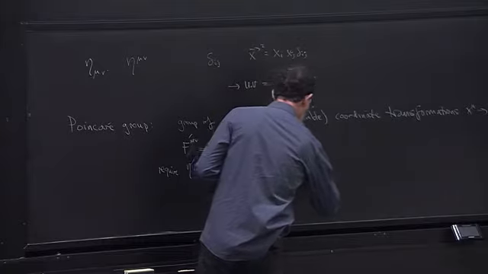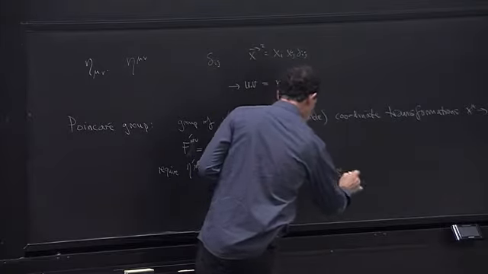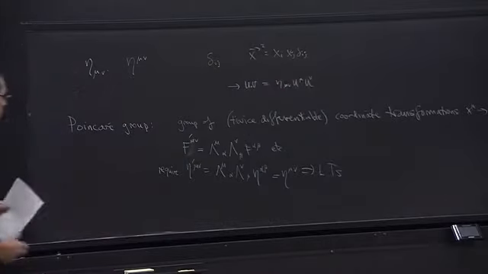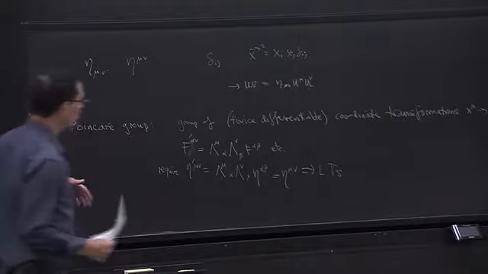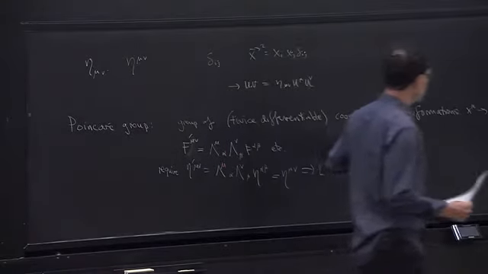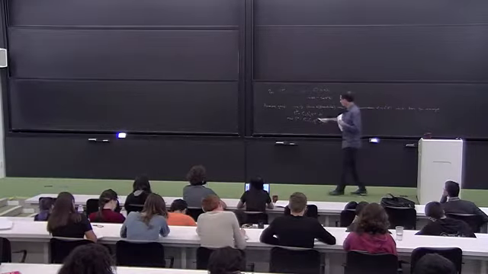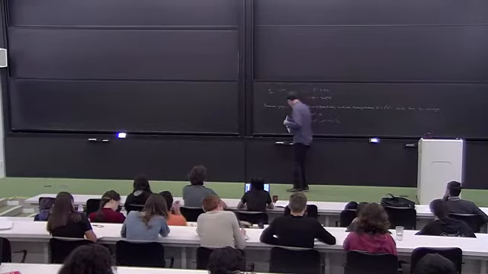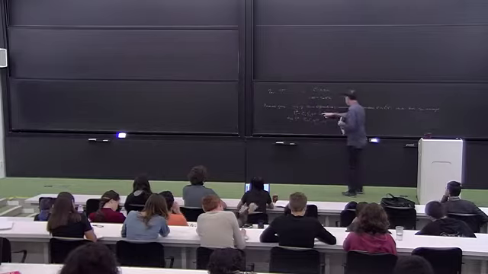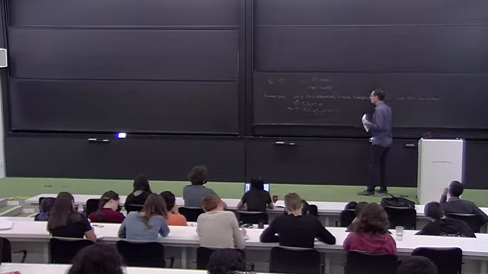And this led us to Lorentz transformations. Okay, so what I want to show is that the most general coordinate transformation, which is twice differentiable and leaves eta unchanged in this sense, will actually be the Poincare group.